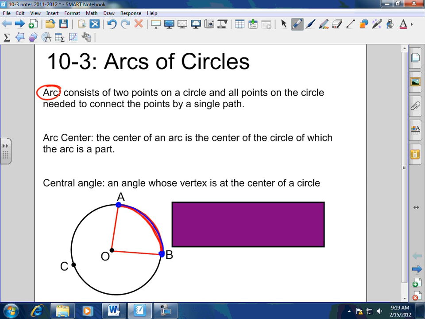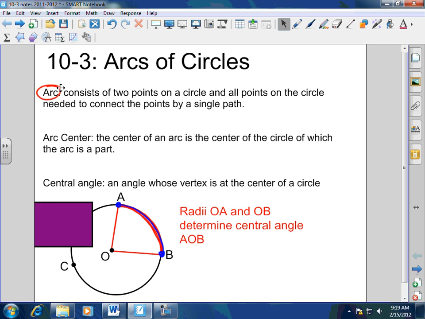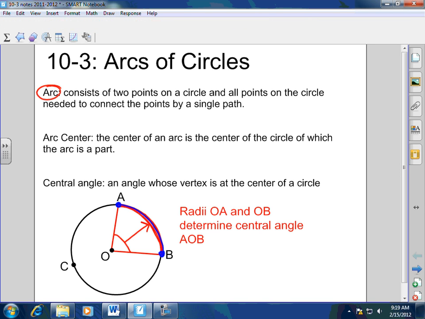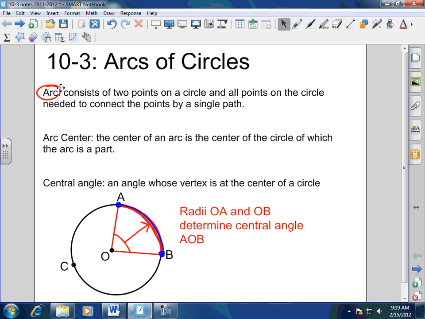Okay? Now, when you have radii AO and OB, they connect. They determine the central angle AOB, and AOB is intercepted by arc AB. You with me? Okay.